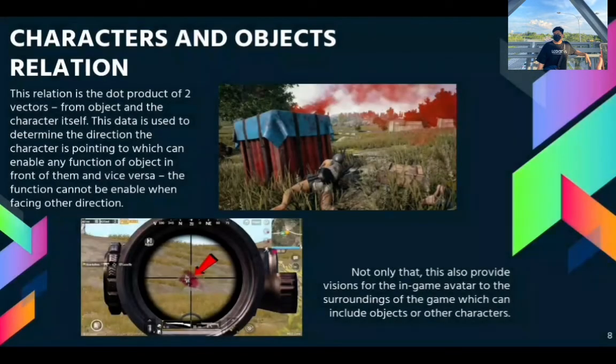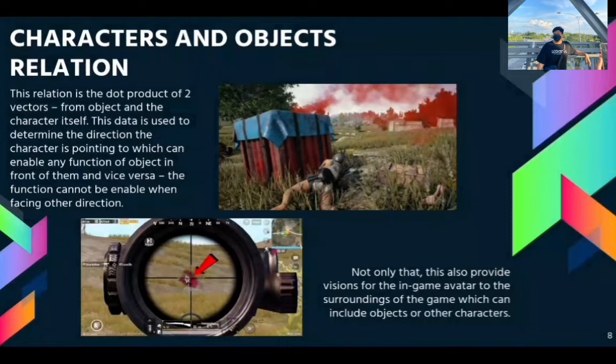Lastly, characters and object relation. This relation is the dot product of two vectors from the object and the character itself. This data is used to determine the direction the character is pointing to, which can enable any function of the object in front of them and vice versa. The function cannot be enabled when facing another direction. This is just like when you're facing a chest, just like the airdrop, so you can open it.